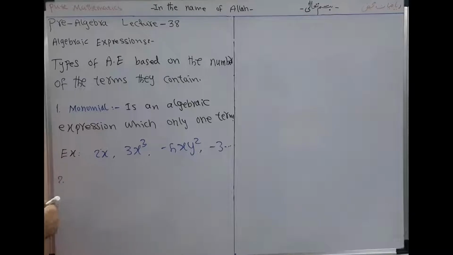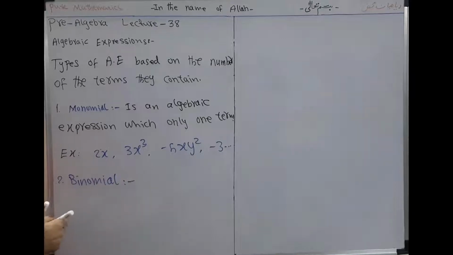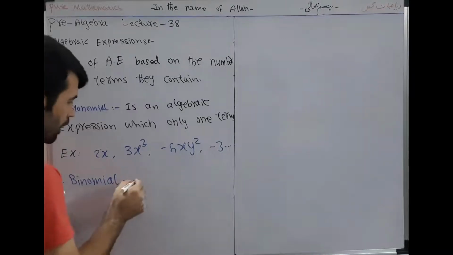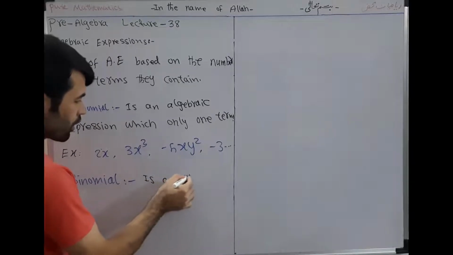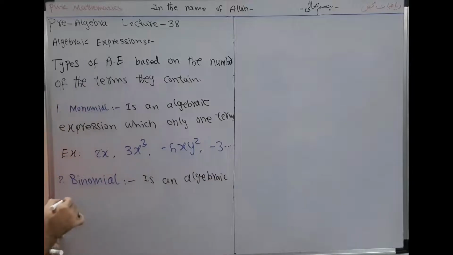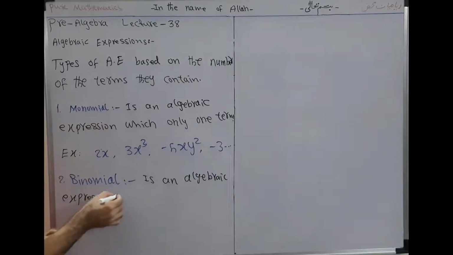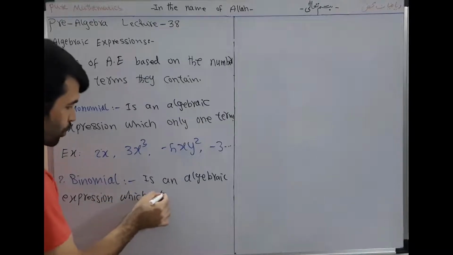Second one, binomial, is an algebraic expression which has two terms.